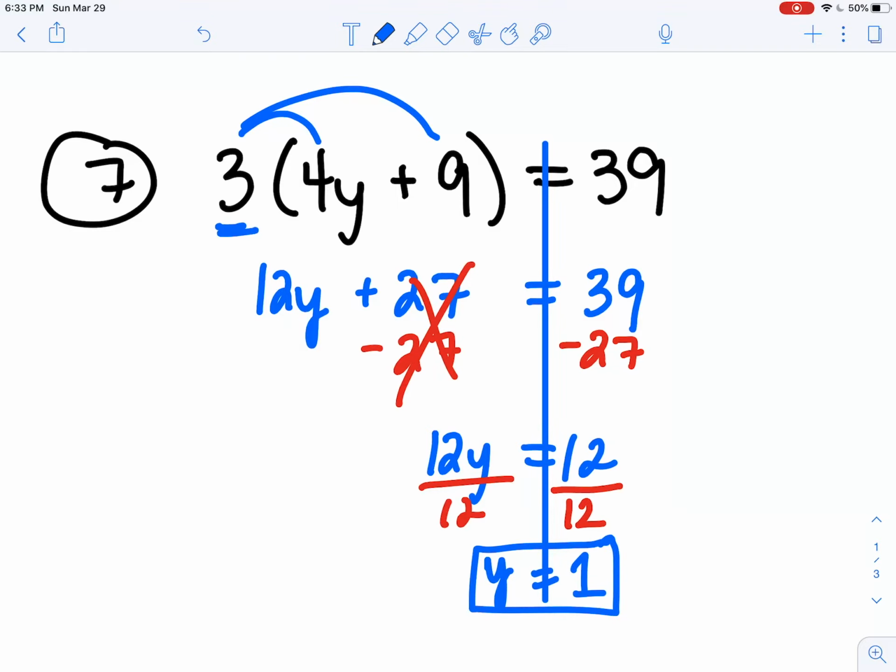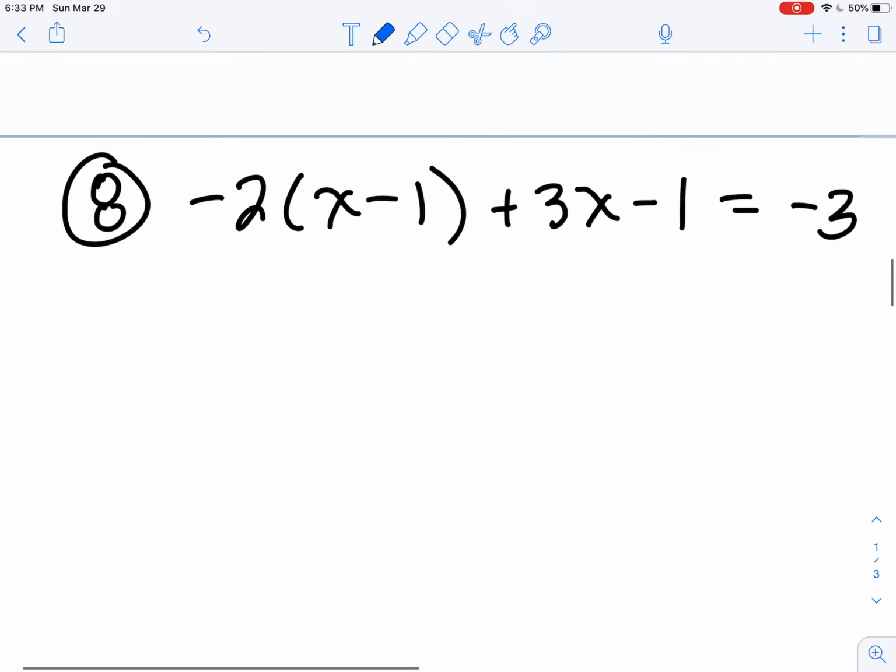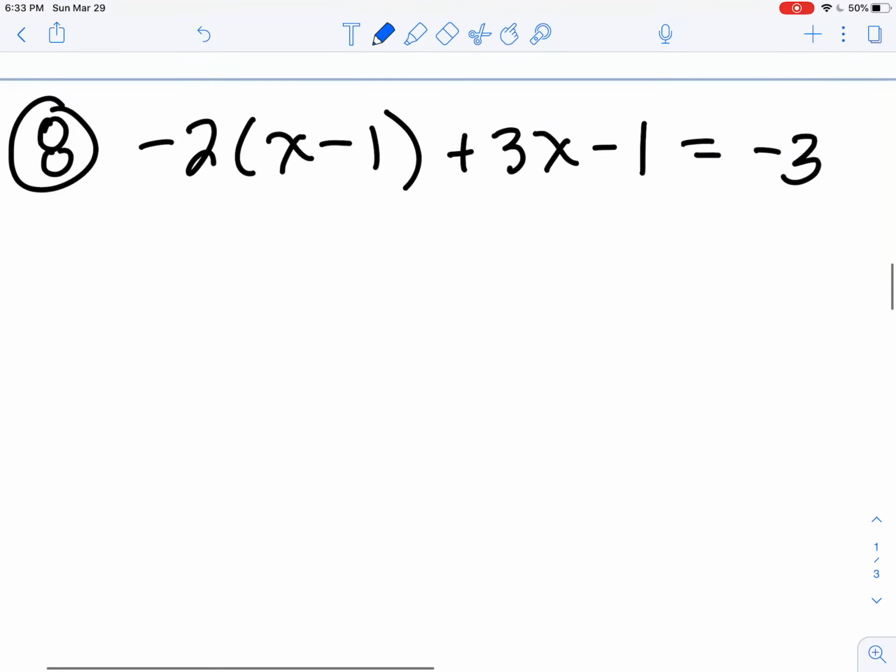Now, last problem. This is what your last section looks like. There's a little bit more involved. However, you just follow the steps and it does make it much easier. So the first thing I want to look for is the distributive property. I have it right there. Notice how I didn't highlight the rest of the problem. That's because those are not in the parentheses.